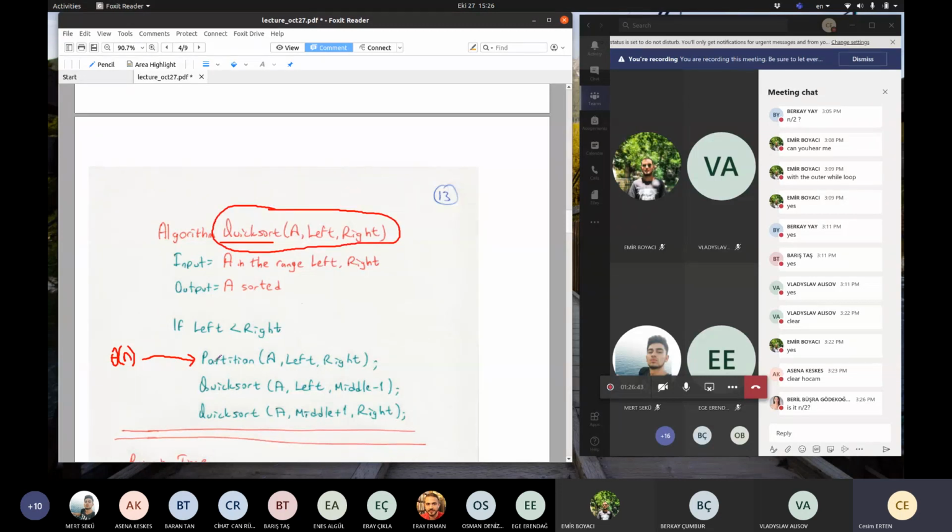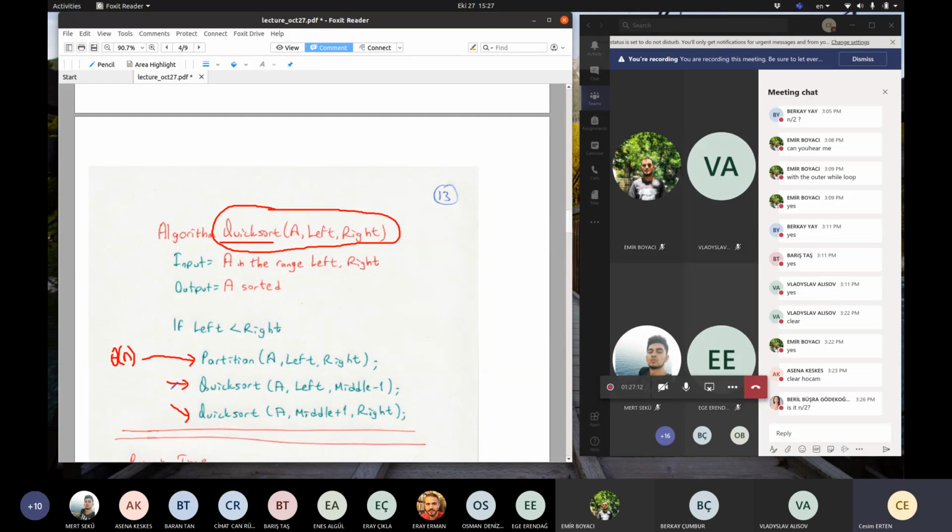Okay, so we know that a single call to partition will require n time, but then we make a recursive call to quicksort on some portion of the array. We make another call to quicksort recursively on another portion of the array.